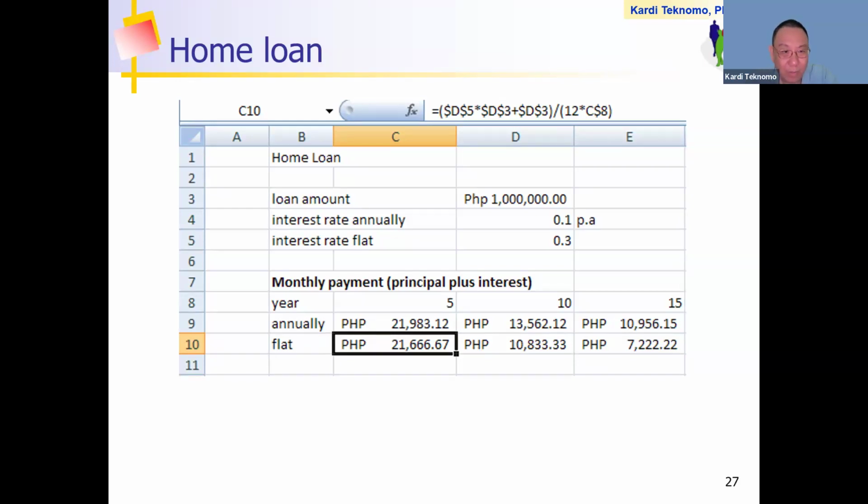And if we compute the monthly payment, that means the principal plus the interest, which one is smaller? Comparing flat and annually, apparently in this case the flat is still smaller, isn't it? If you compare row 9 and row 10 here, the flat is actually smaller.